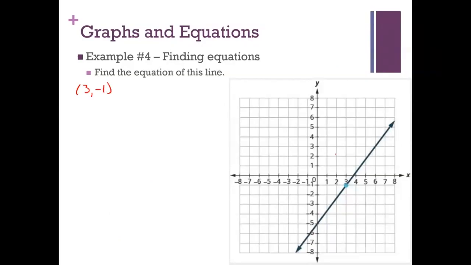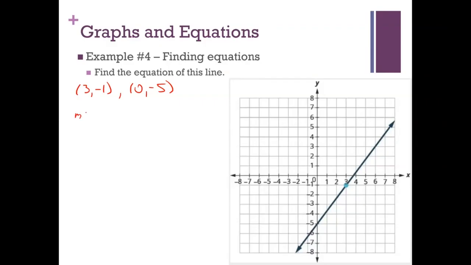What else? 0, -5. So I think those are good points because those are also lattice points. All the coordinates are whole numbers. Make the math more convenient.